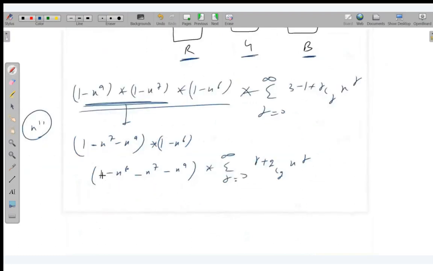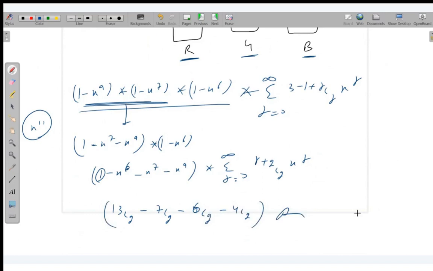Now I want 11, so for r I have to put 11, so it will be 13C2 minus, then we have x power 6, so 5, so 7C2, minus 4 plus 6C2, and then minus 4C2. Solve and get the answer.